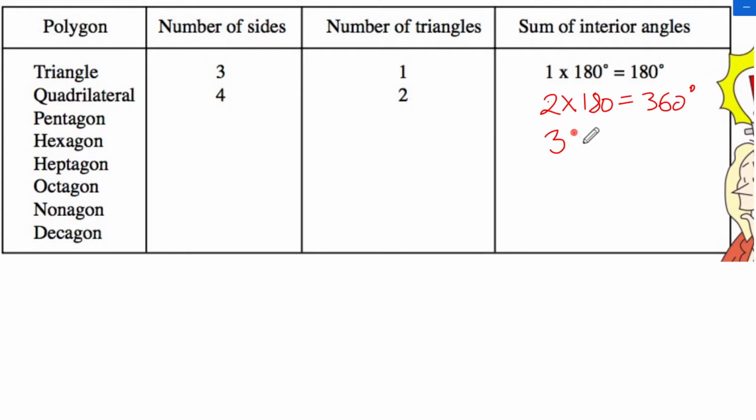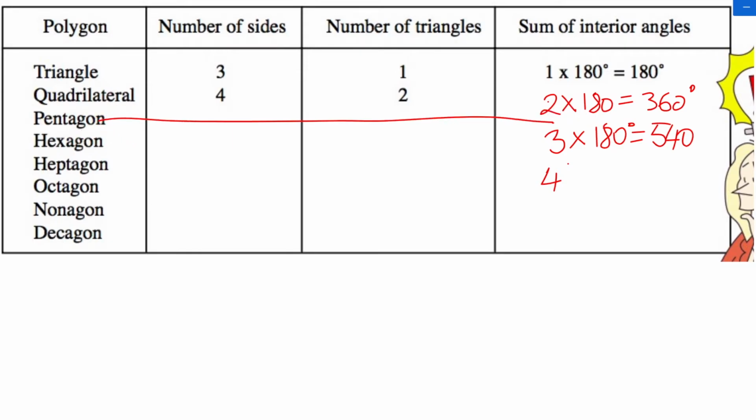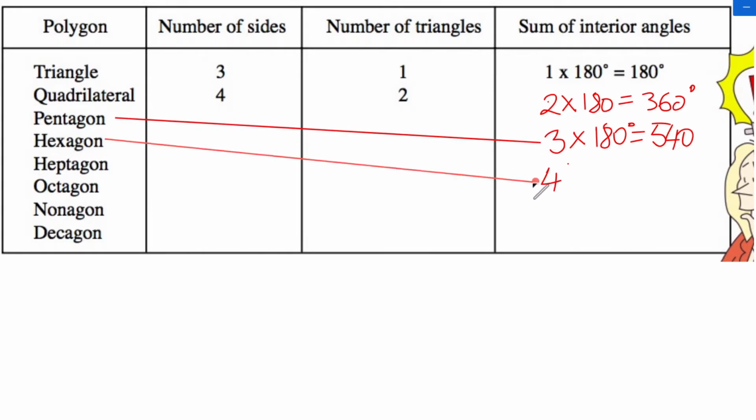Then three triangles in a pentagon, that's 3 times 180, and that gives you 540 degrees. And then a pentagon has three triangles and a hexagon has four triangles, yeah?